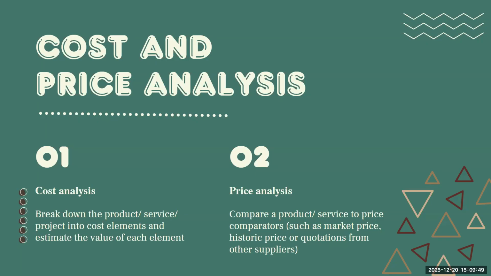The cost analysis is impossible to do without price analysis. Although price analysis is pretty easy to do, you just need to collect a few quotations from the market, the cost analysis means you need to look at each element and compare the price altogether.